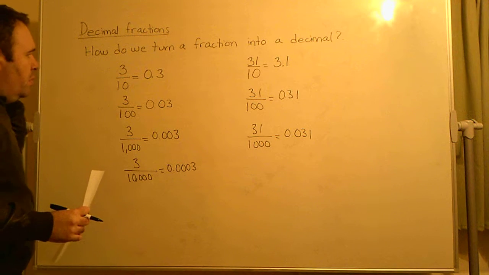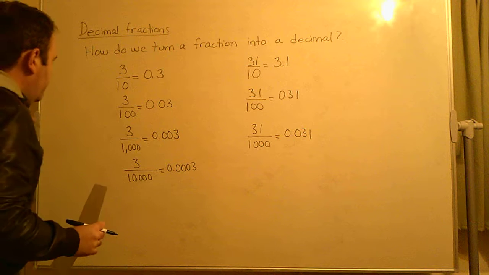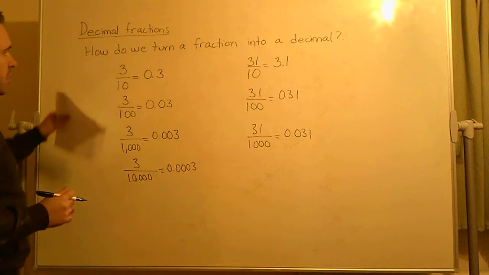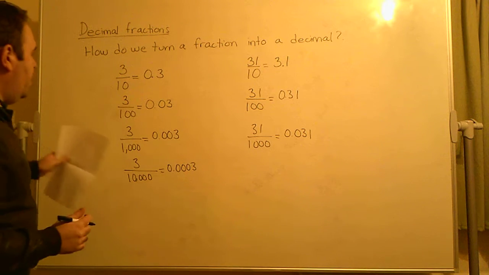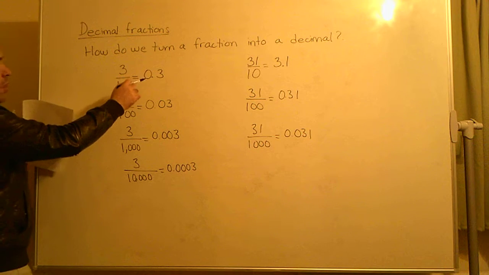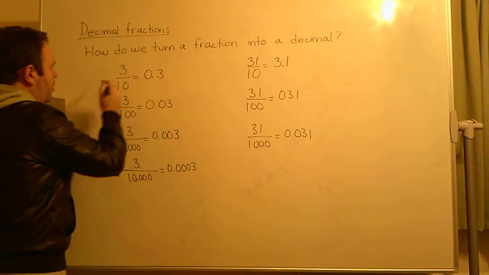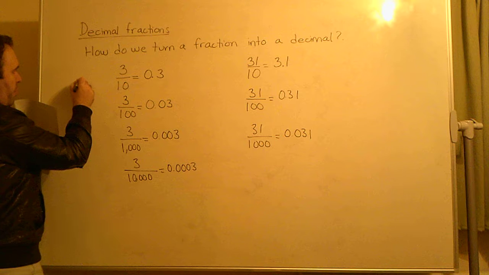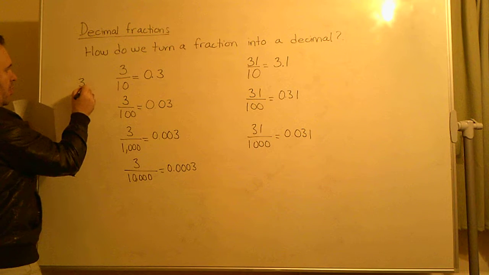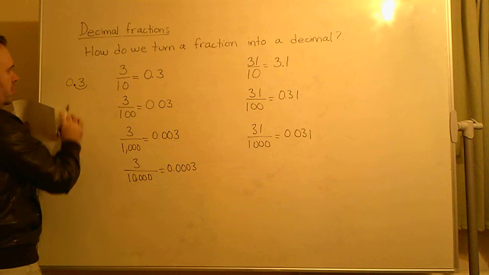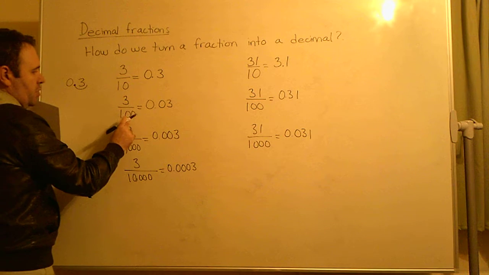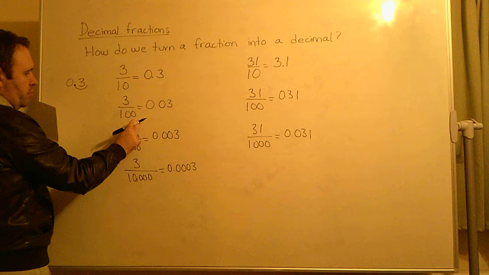Okay, so for instance, let's check them out again. How did I get this result? We write down 3 and then we need to take the decimal point 1 place. With this one we need 2 places because we have 2 zeros.